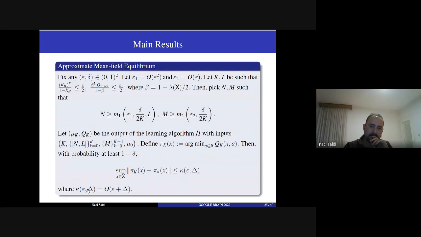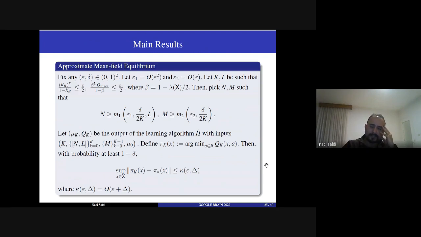Here, this k epsilon delta is a function which goes to 0 as epsilon goes to 0. Again, we are assuming in general that this representation error delta is very small. So this is the first main result for discounted cost. Therefore, the learned policy is very close to the policy in the mean field equilibrium.